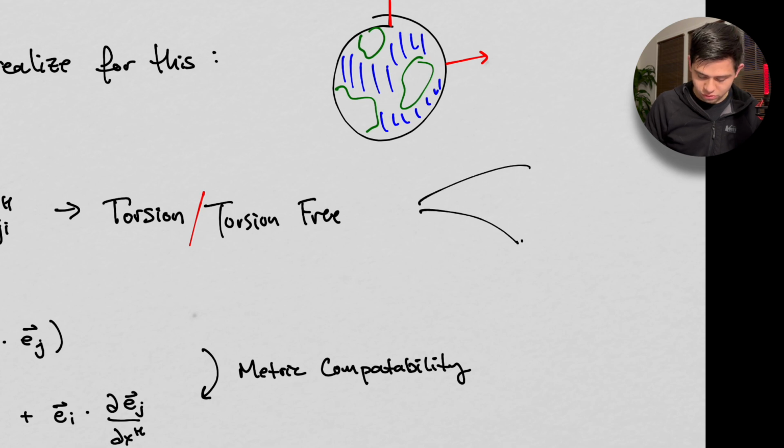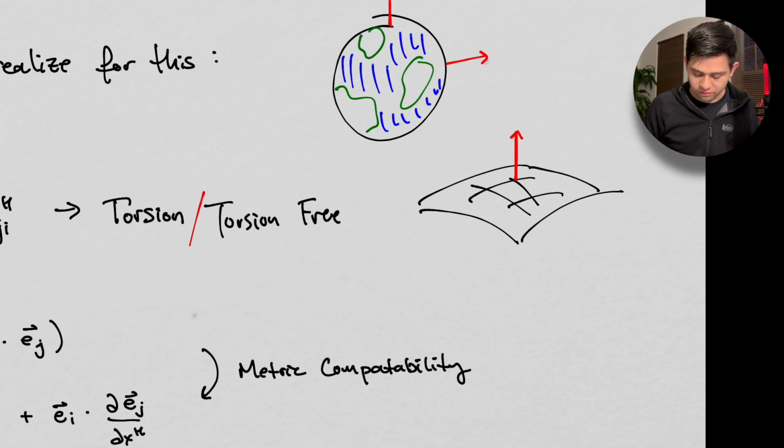I'm sort of drawing the planet in a different way now. From a bird's eye perspective, this surface has a normal component. But if we're standing right here, this normal component again tells us something about the acceleration of our vector.